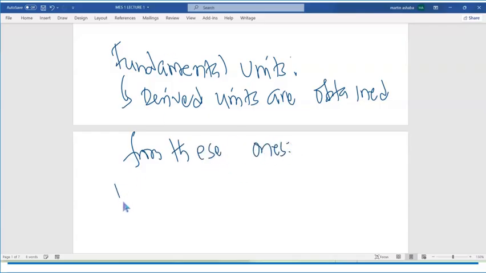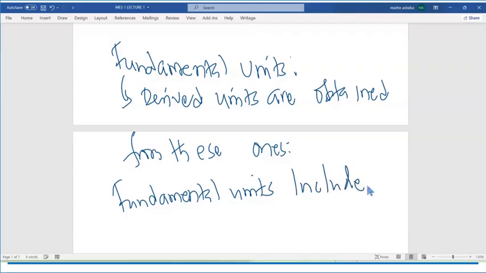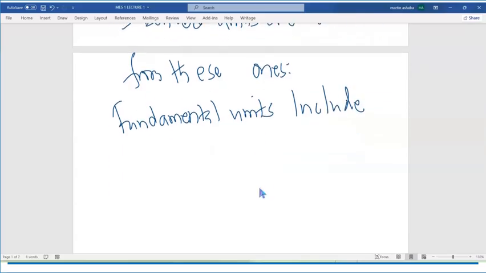So the fundamental units include, can anyone give me one of the fundamental units you know?